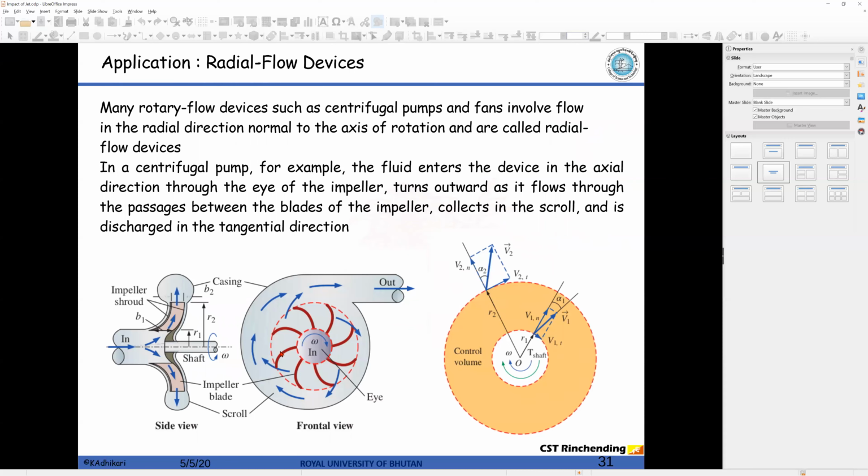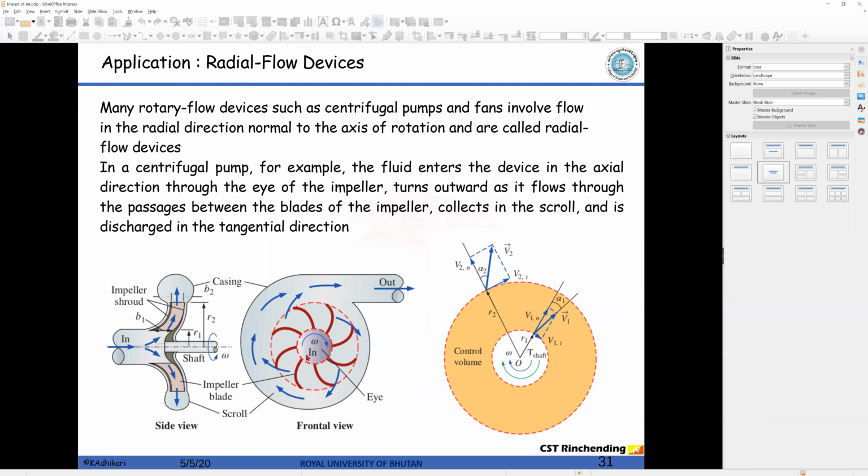Now, we need to understand the application of this analysis, and if you are wondering where it is applied, it is in pumps and turbines. They work on what we have just studied. We need this conceptual background to understand how pumps work.